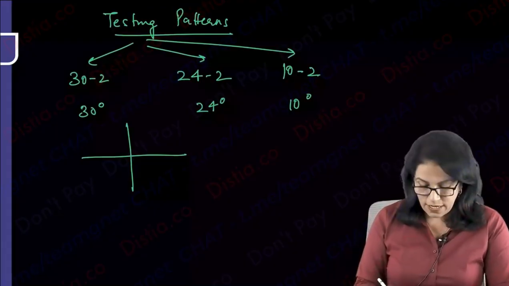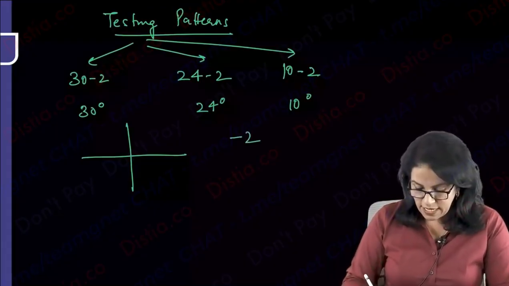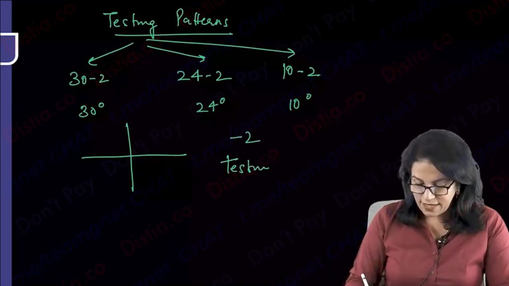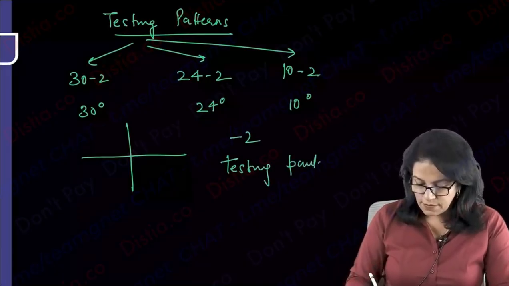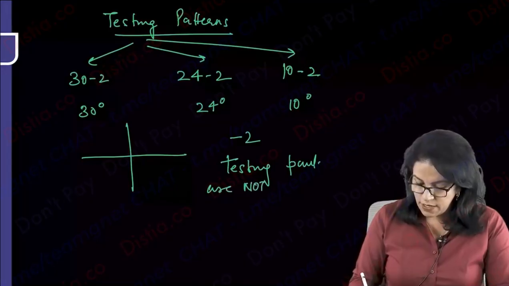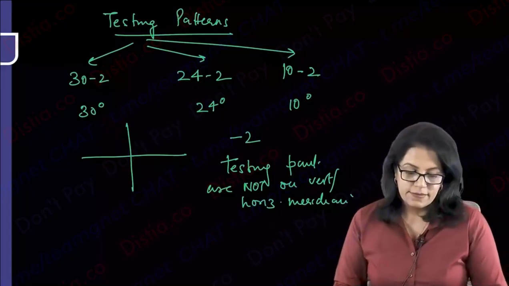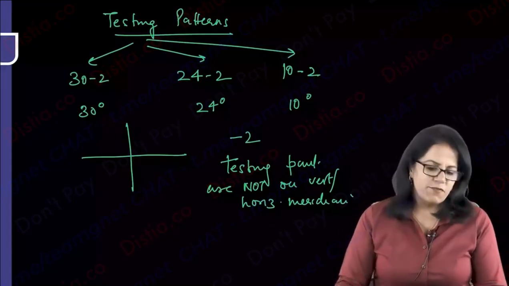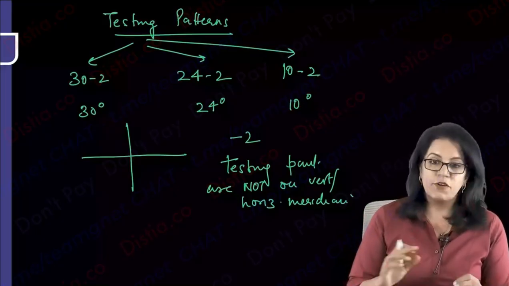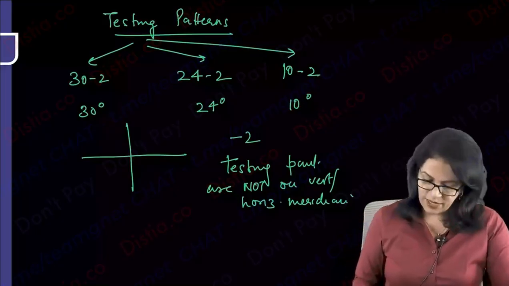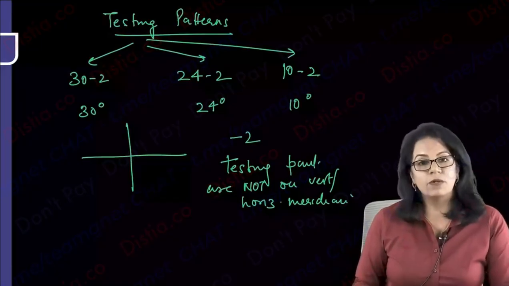So just remember, -2 means that the testing points are not on the vertical and horizontal meridian, or raphe or meridian, whatever you want to say. Now you got it, what was written there, 24-2.